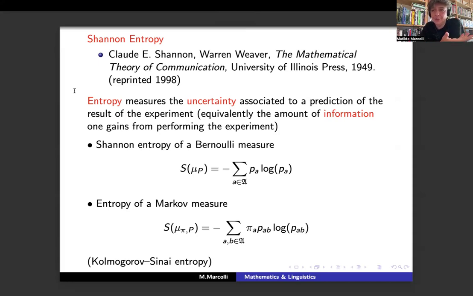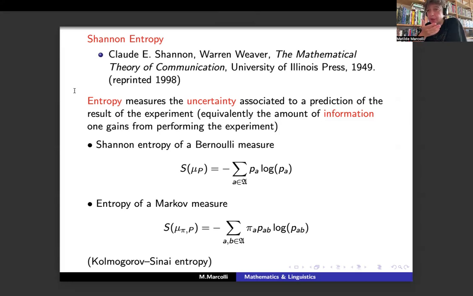It's a way of analyzing your encoding and decoding of signals in strings in a certain alphabet, and knowing how effective your encoding is in distinguishing and carrying information. The entropy in the Shannon sense measures the amount of uncertainty associated to a prediction of the result of an experiment, or equivalently, the amount of information that one gains from performing this experiment.